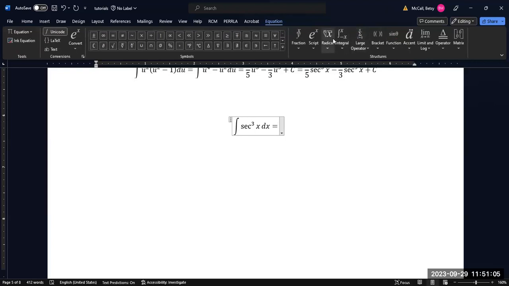And in order to separate this into two functions, one which we can integrate and one which we can differentiate, we're going to separate this into a single secant to be u and a set of the remaining pairs of secants to be dv.